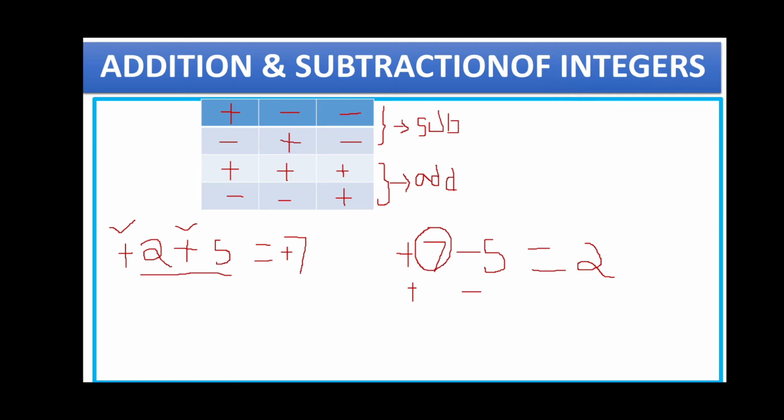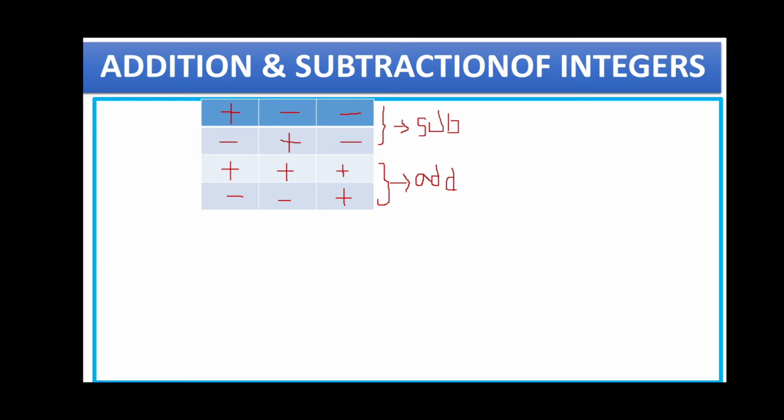Let us see now. Whenever you have done subtraction of integers, always check for the biggest number. So what is the biggest number here? 7 is the biggest number. And check the sign for the biggest number. Here 7 is the biggest number and it has the positive sign. So our answer will get plus.